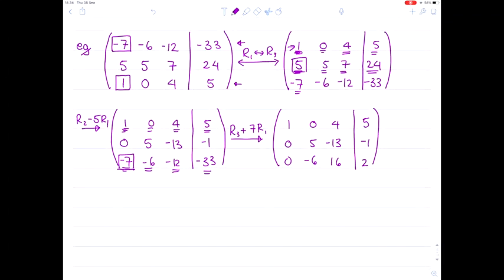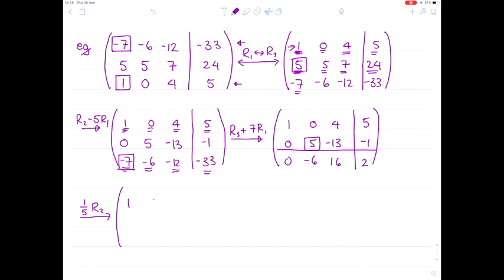So now we want to work on getting this 5 to be a 1, because we want the leftmost non-zero entry in this row to be a 1. And the simplest thing here is just to divide through by 5. So we're going to take 1/5 of row 2.